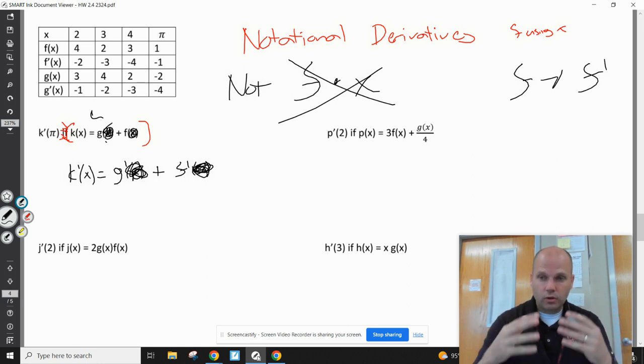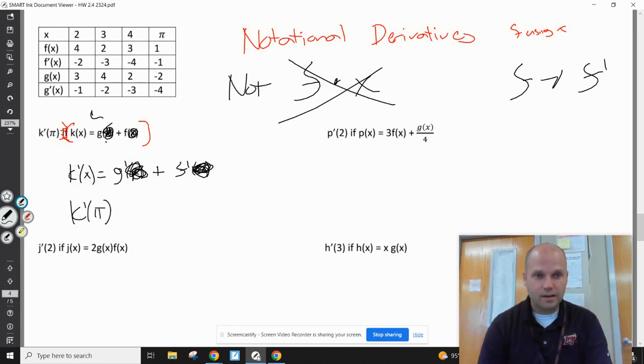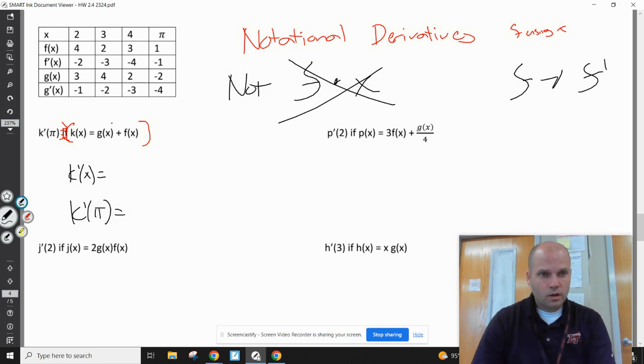To be proper, you need of X. But if you're asked to find K prime of pi, well, you should be thinking, okay, I want the slope of G at pi. This is why we kind of use the X's so we can see, oh, K's slopes using X's equal G's slopes using X's plus F's slopes using X's. If I plug in pi, I get that.